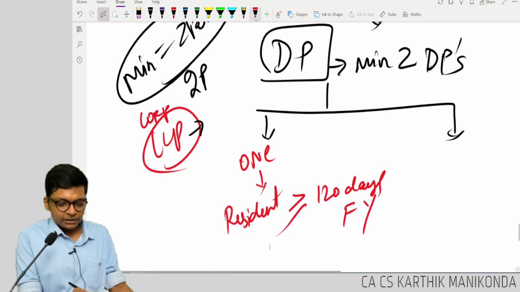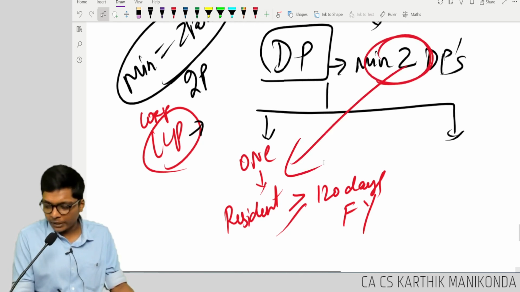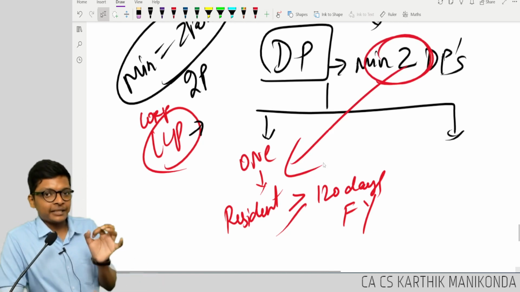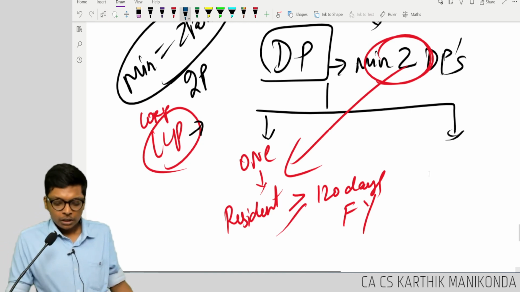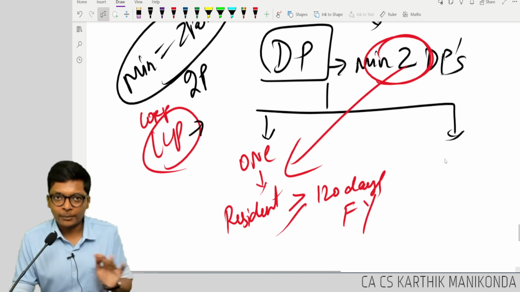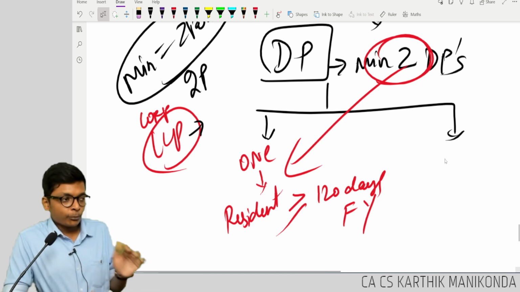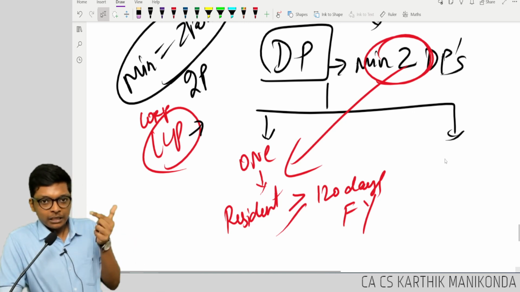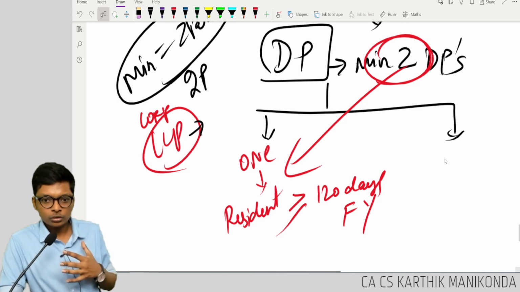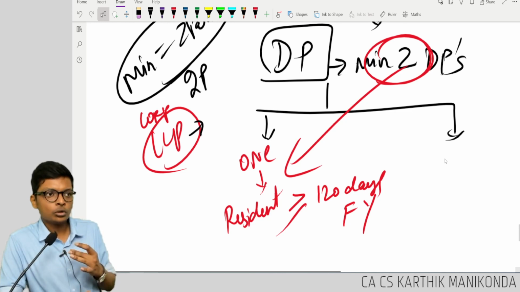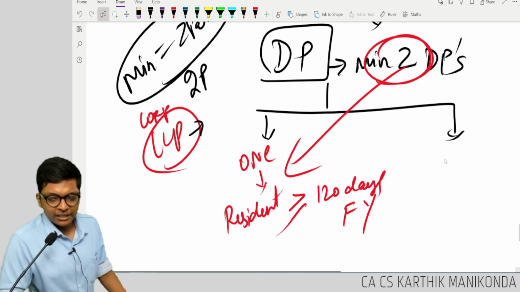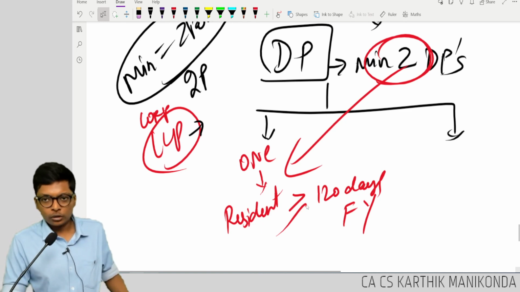So out of these 2 designated partners, at least one should be a resident in India. Are you following, guys? That this number 120, in the booklet it will be some other number, I think. Look at the RTP. Amendment is there. Are you aware, guys? Okay. 120 days or more.